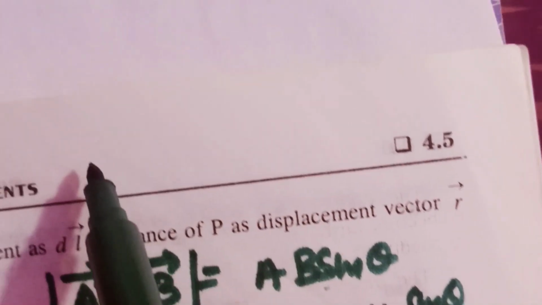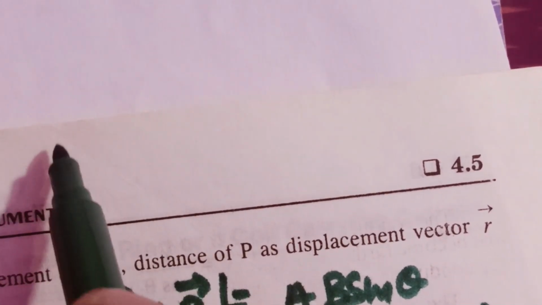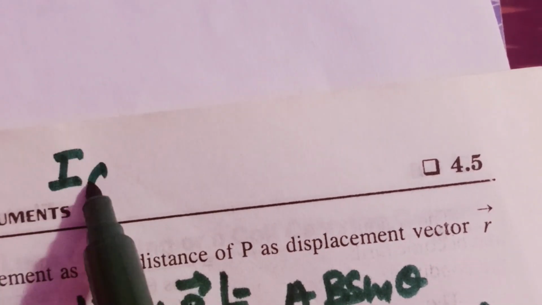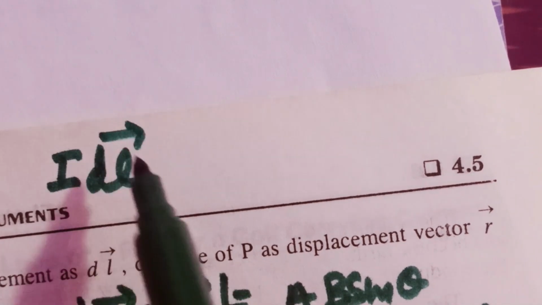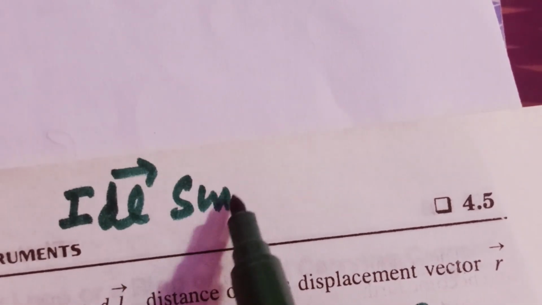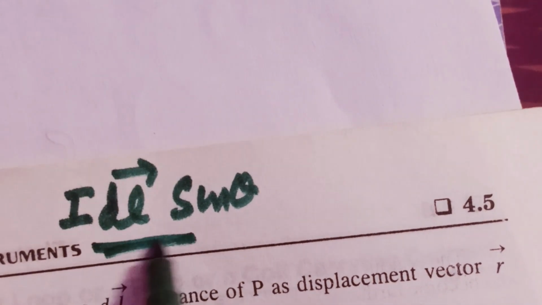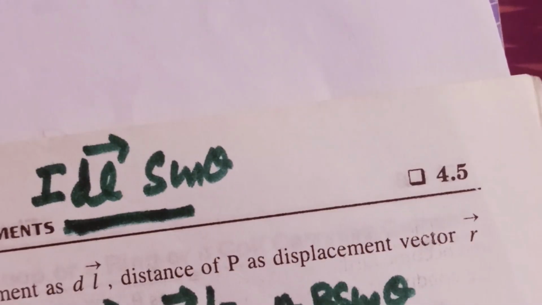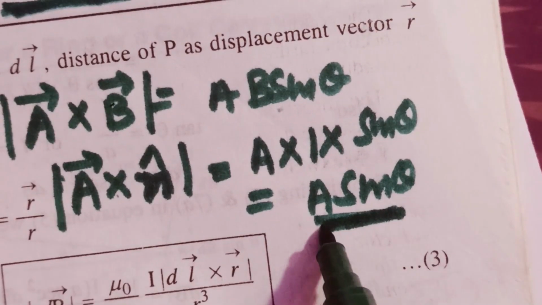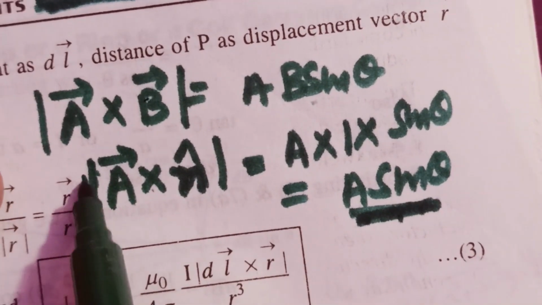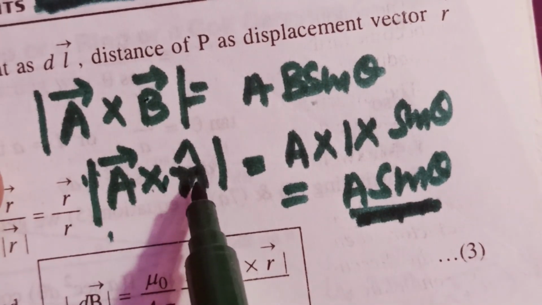So similarly, because I am having here I dl vector sine theta, how do I write I dl vector sine theta? Like A sine theta is mod of A vector cross n cap.